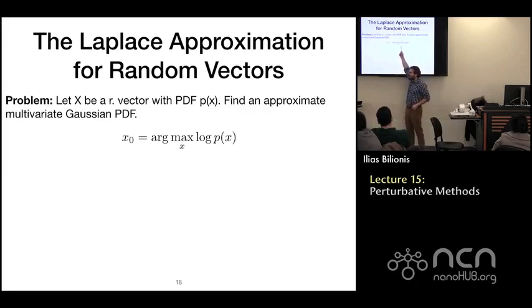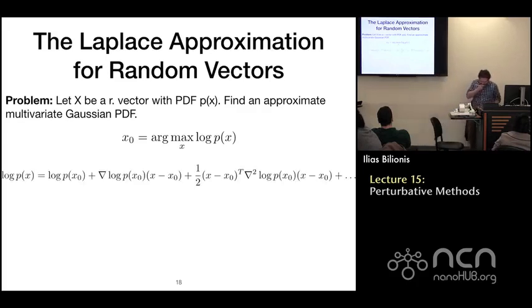Whatever is the point that maximizes log of p(x), give me that point. Arg means the argument of the maximization. Because I was talking to somebody, I realized that people don't really know what arg means. So don't be ashamed to tell me that you don't know.